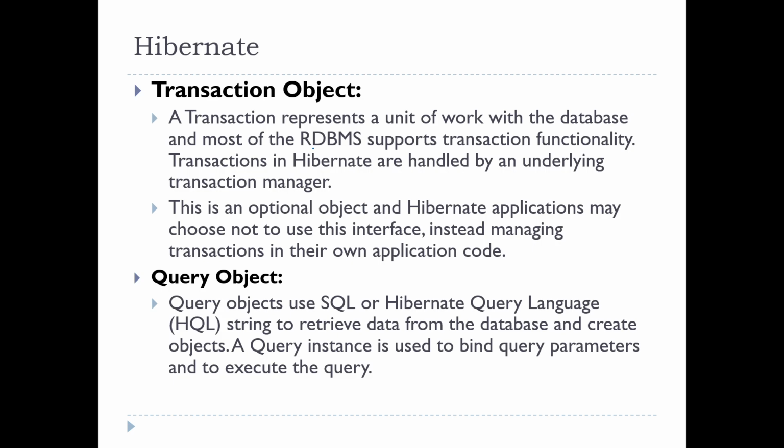So Hibernate query language is a bit similar to SQL, but it is completely object oriented. So HQL does not know the table names or the column names. It will work with the class names and the attributes of those classes. So a query object can be used to bind the parameters of the query and to execute that HQL query.